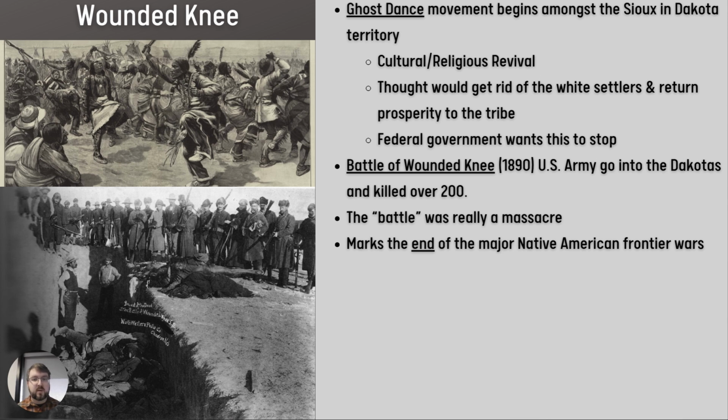It was a slaughter. U.S. Army goes into the Dakotas, into the land where they're not supposed to go, because it's supposed to be their land, and they kill 200 people, men, women, and children. And you see here's a mass grave that was dug to put the victims of this massacre in.